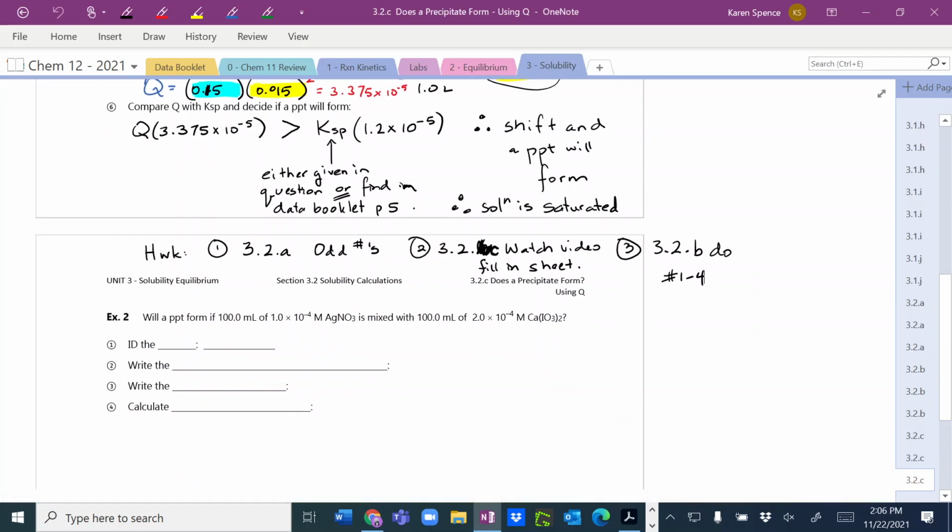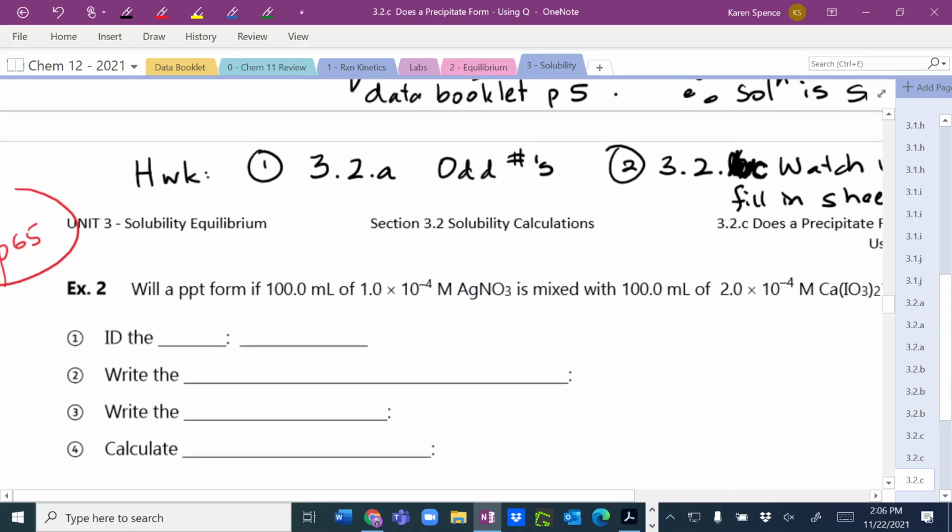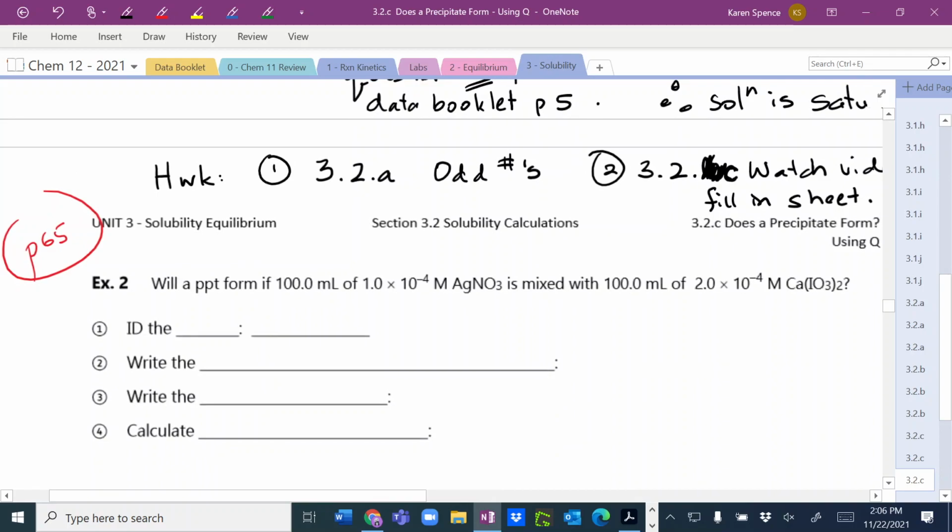All right, we are on page 65. And I'm going to let you know right now that I judged this very poorly. I should have left a whole page for this question. So I'm going to recommend that you use a blank sheet of paper for this question.